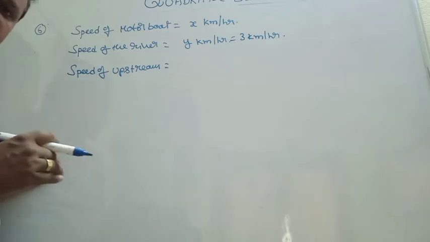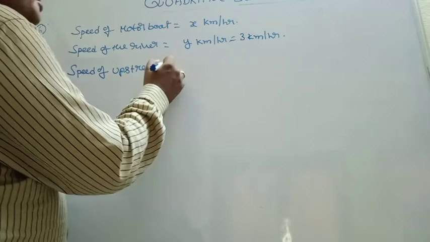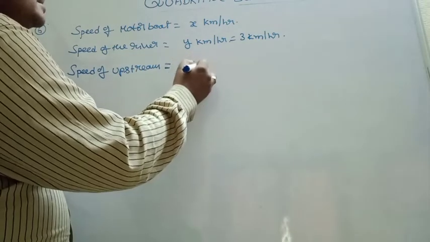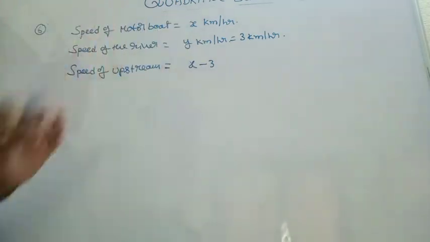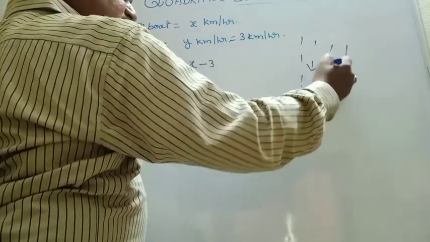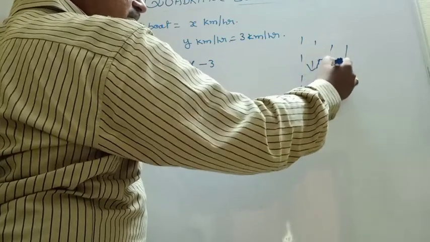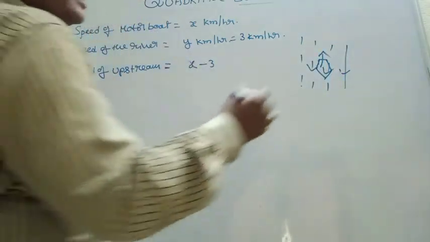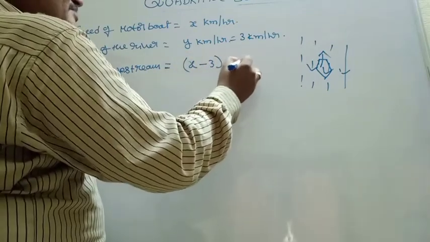So the speed of the upstream is x minus 3 km per hour, because the water is flowing in one direction and the boat is going against it, so of course the resistance will be there.